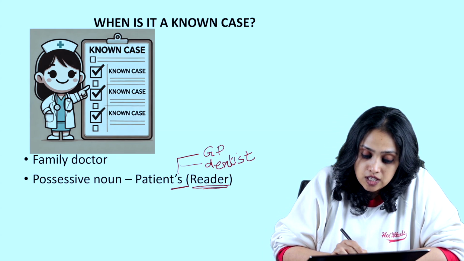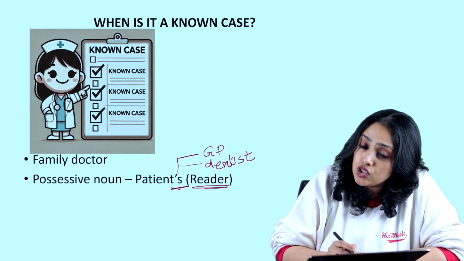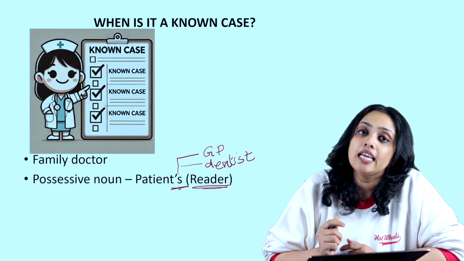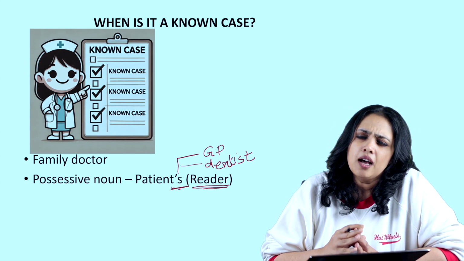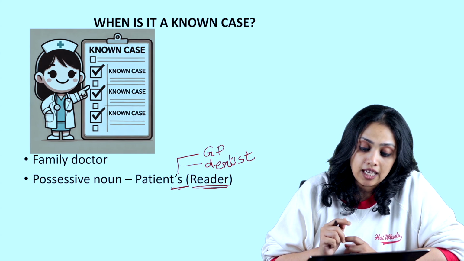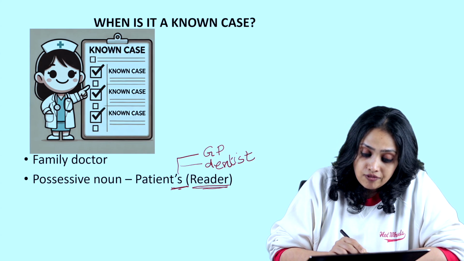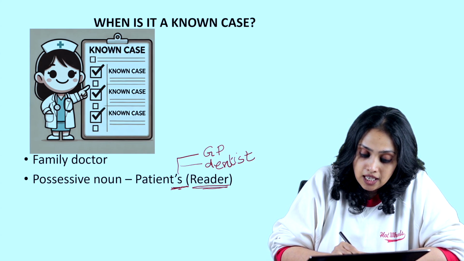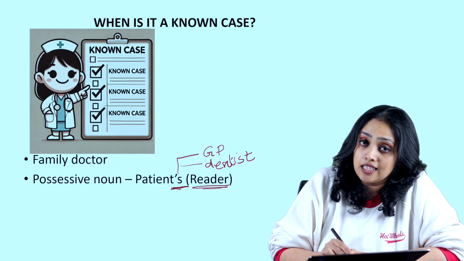That is, the presence of this possessive noun just before the reader's designation indicates that it is a known case. But one more thing you have to be careful about is that this possessive noun should appear just before the reader's designation.